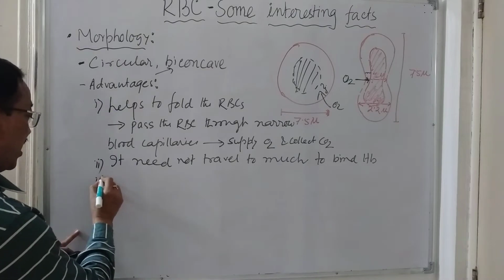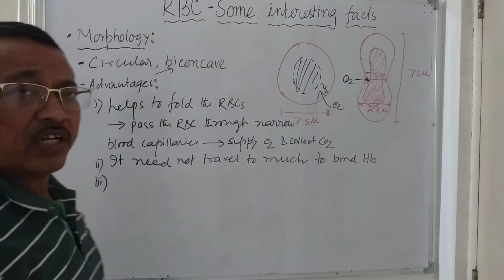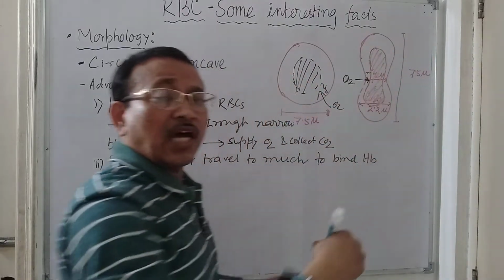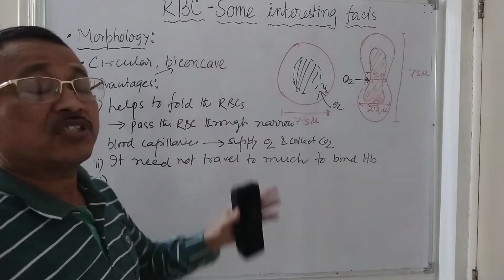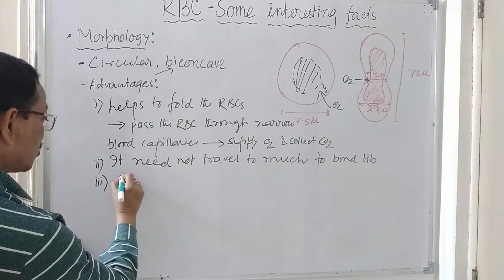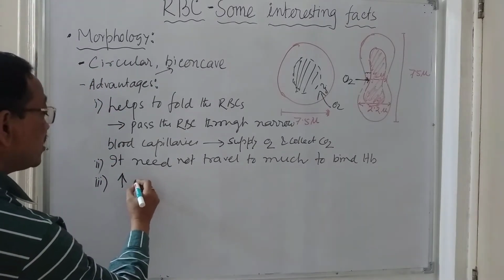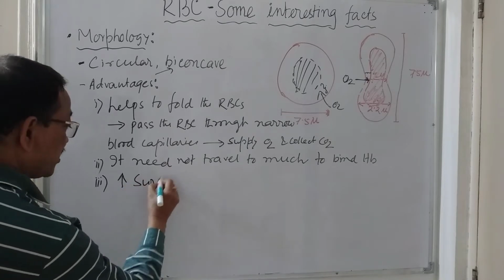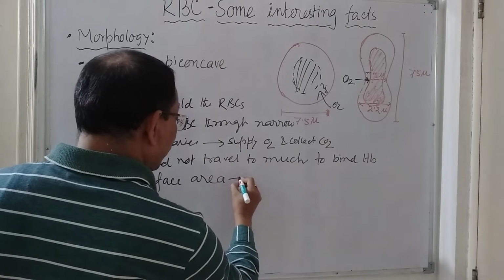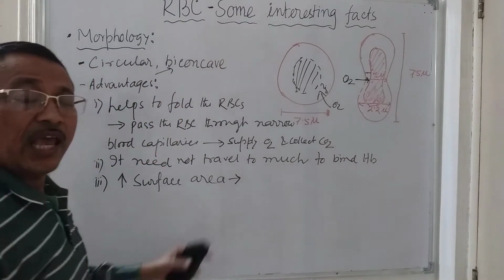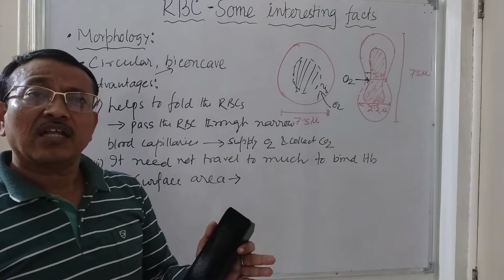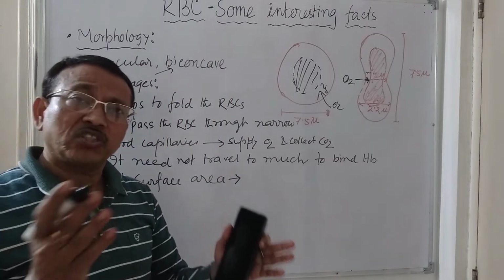The third advantage is that because of this biconcave shape, the surface area of the RBC is very high. So because of this biconcavity, there is an increased surface area. And this surface area helps to increase the rate of oxygen diffusion.